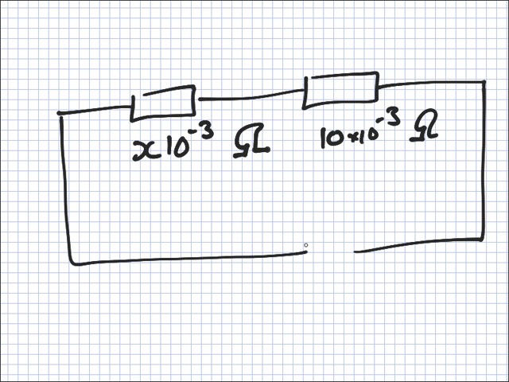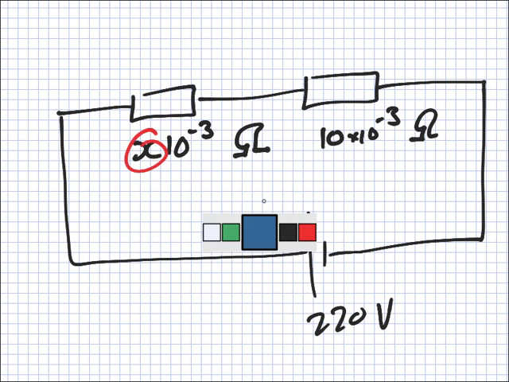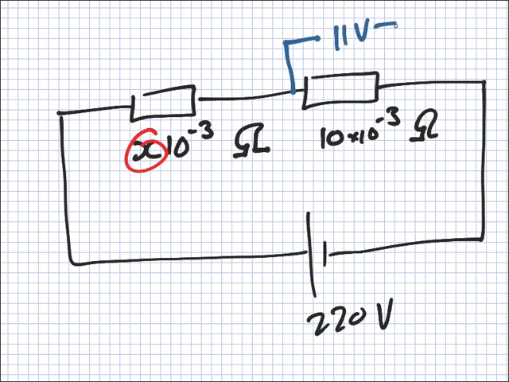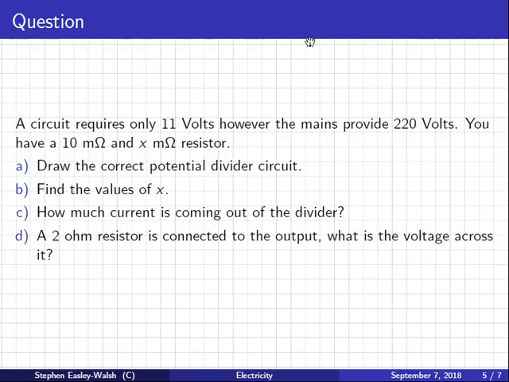Stop messing about, Stephen. 220 volts, and you want to pick the X here. What value of X do you need? You need to have a voltage here of 11. That's what you want across this resistor, 11 volts.